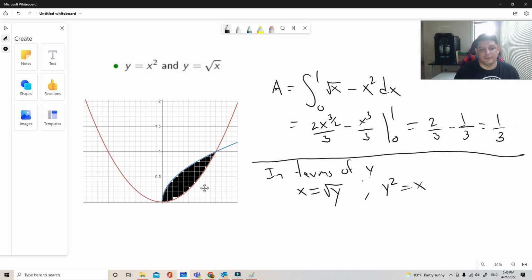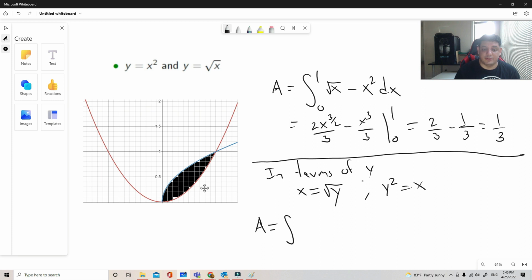And so now you can see that this is y equals x squared, and now this is just the top part of x equals square root of y. And the area is going to be given by a similar situation, but now the functions are going to flip around.